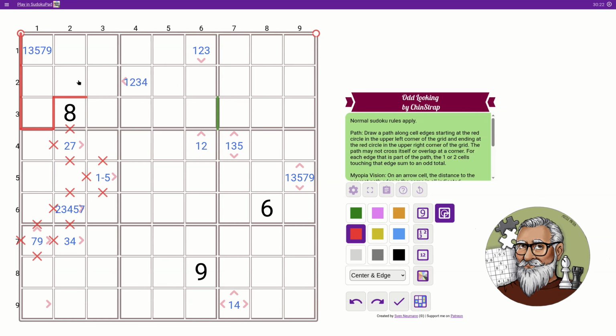This would have to be odd as well. 1, 2, 3, 4. Oh, hold on. Oh no, that's allowed. This doesn't have to go anywhere from here. So these don't have to be odd. And I have 4 odd. Yeah, I have 5 in total, so that's fine.